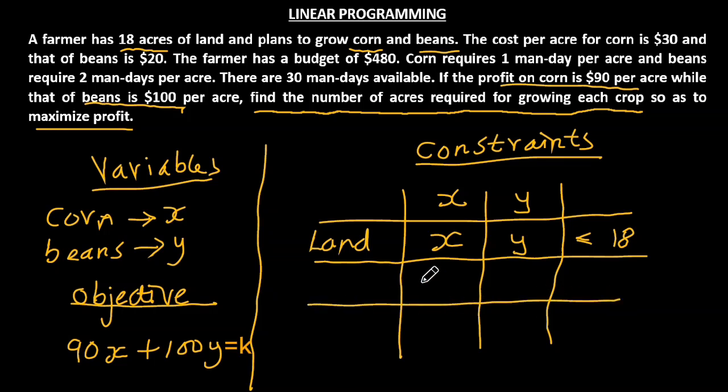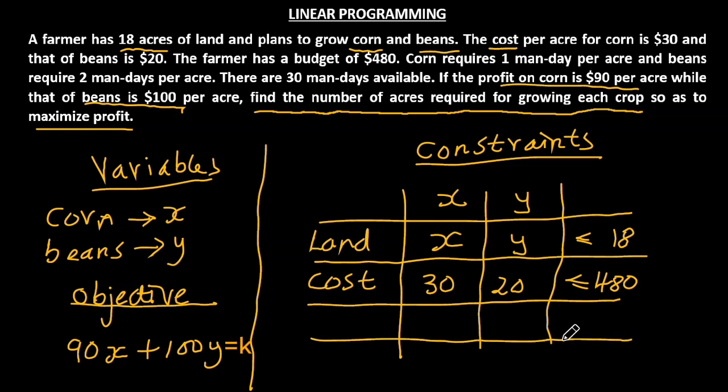The second constraint that I am going to deal with has to do with cost. I identify my constraint as cost, and I can see that for corn I need $30, for beans I need $20, but the farmer has a maximum of $480, so he cannot go beyond that, and therefore my inequality becomes less than or equal to 480.